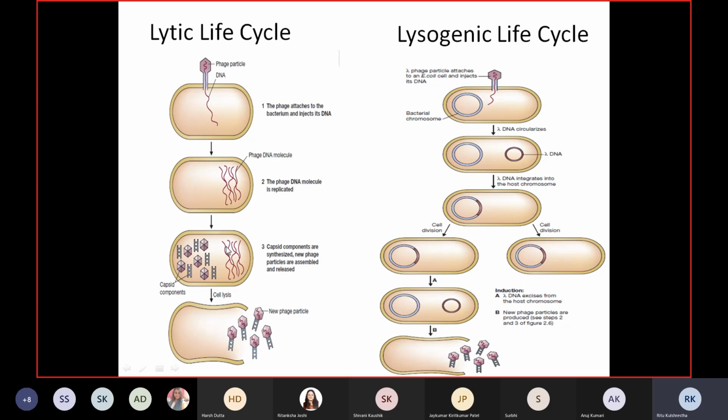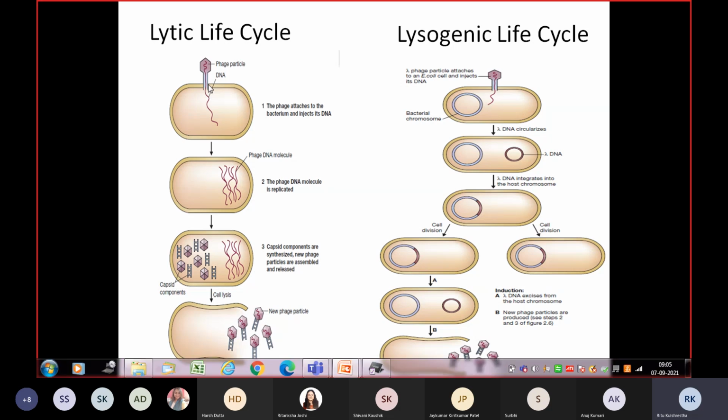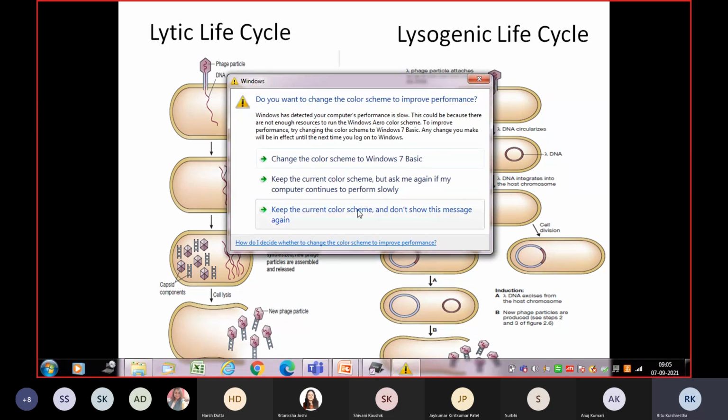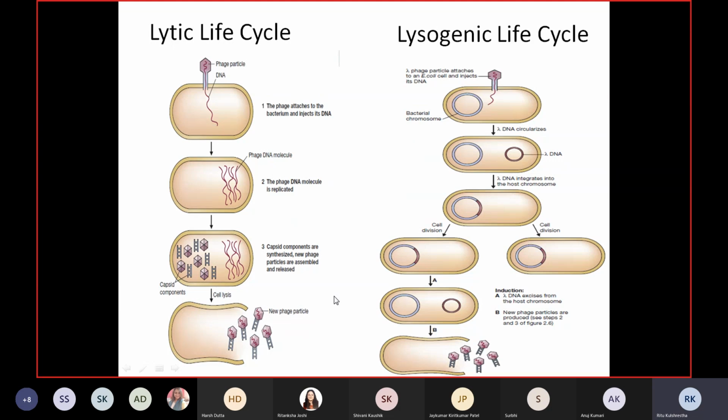Simultaneously the DNA coding for the viral coat protein or the tail protein, or the various proteins involved in the lambda phage, are produced within the bacteria.